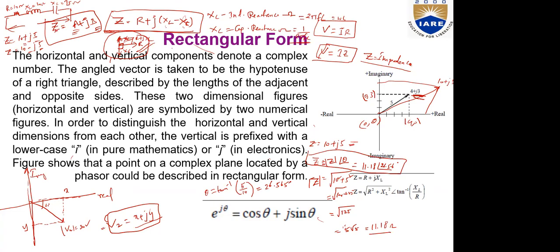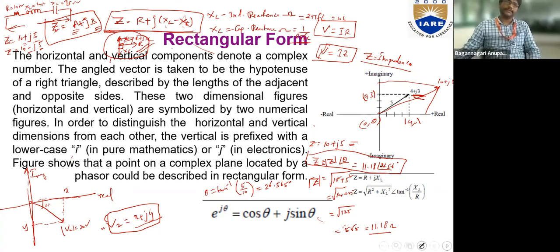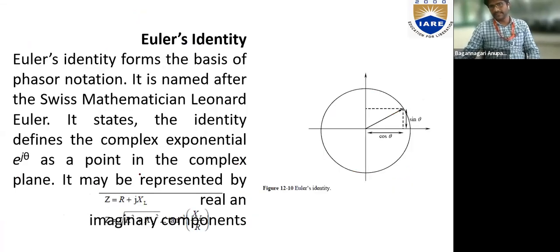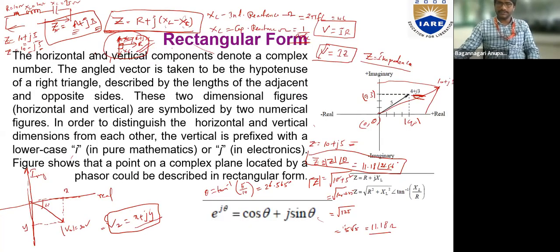This is how you represent the vectors, and you have one more method we can employ for representing them, called Euler's identity, where we can write the equation. The equation we can use is e power j theta is equal to cos theta plus j sin theta.